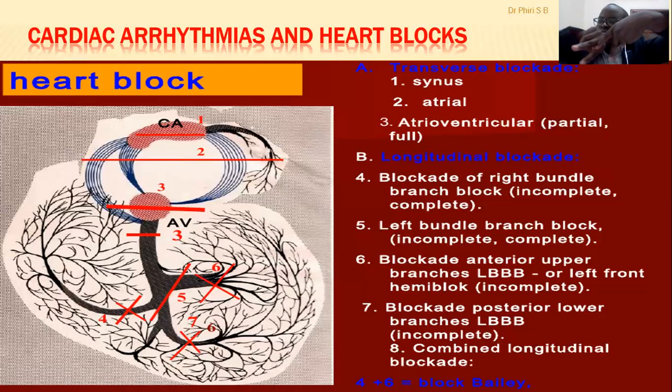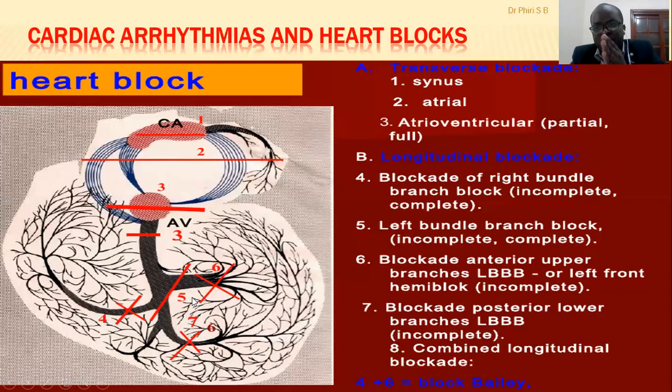So these are the ventricles, because the left goes to the left ventricle, the right goes to the right ventricle. This is what it looks like. You can see here that the right bundle branch is just 1, but the left bundle branch is going to divide into the anterior and posterior branches.